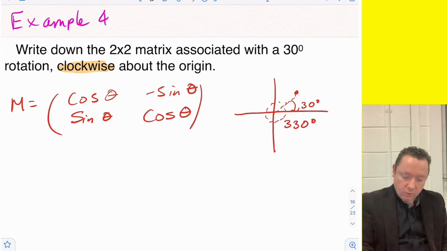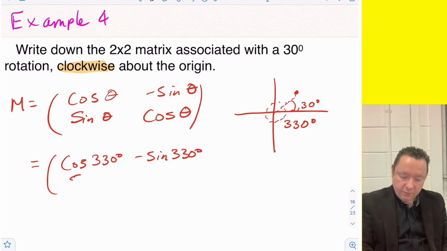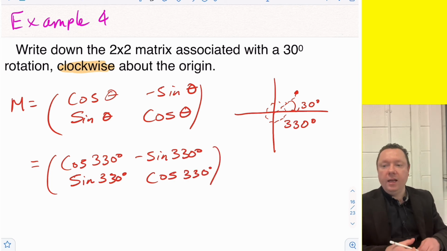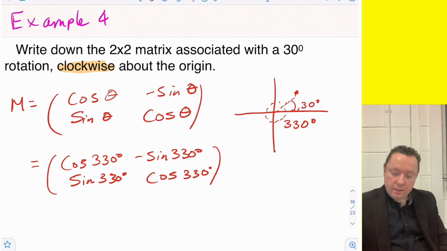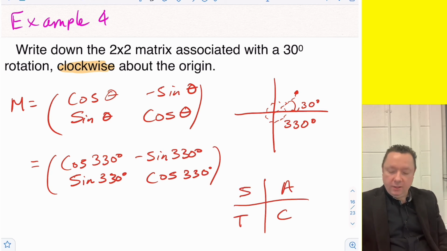So that equals cos 330, minus sine 330, sine 330, and cos 330. So we need to work out the answers to them. If we get a little CAST diagram up, just very quickly, 330 degrees is obviously in the fourth quadrant.